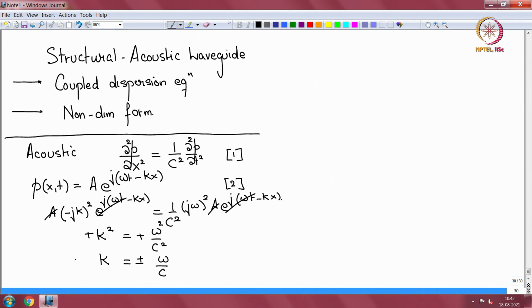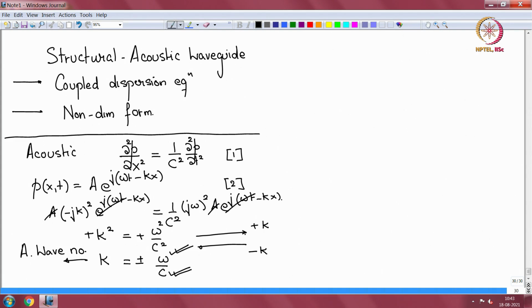The k is the wave number, k is the acoustic wave number, omega is the frequency in radians, c is the speed of sound in the medium. Okay. So plus and minus, because there can be a right going wave with a wave number plus k, there can be a left going wave with a wave number minus k.